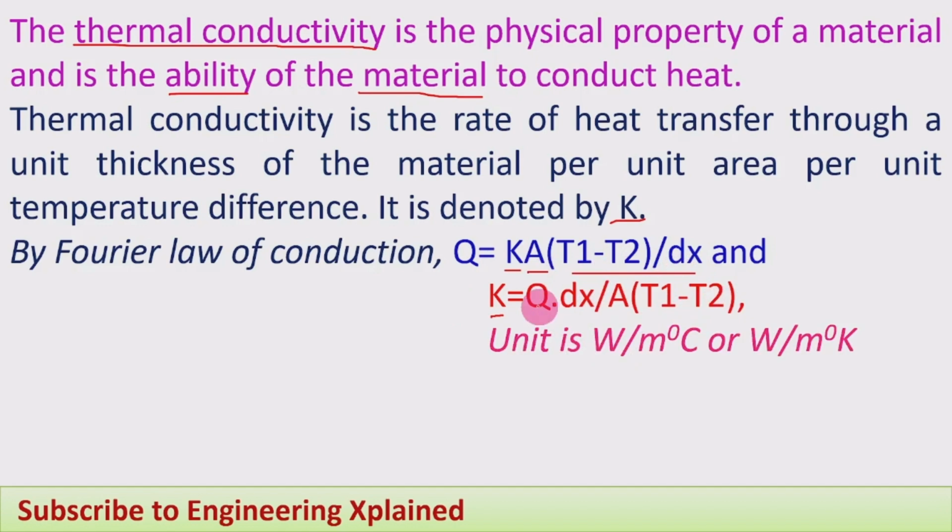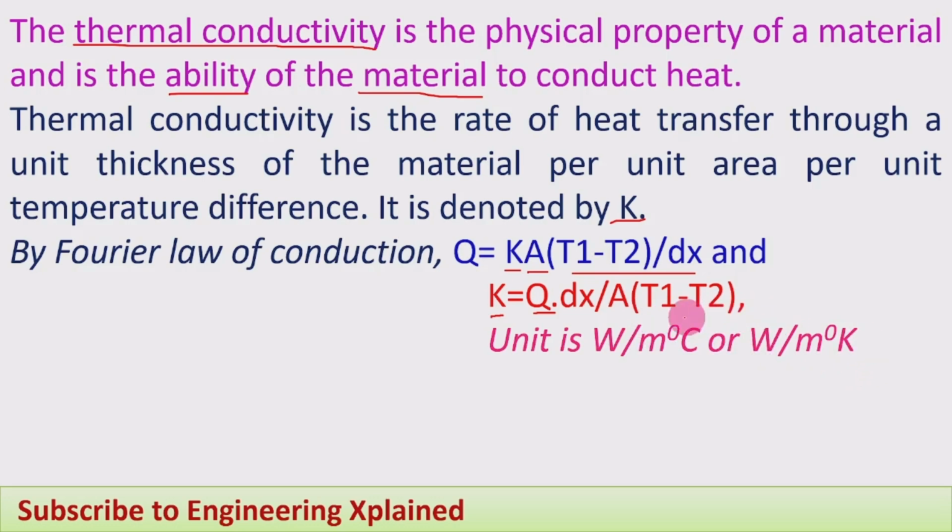Watt is the unit of the heat transfer, and dx is a meter, and area is meter square. Therefore, in the denominator one meter remains, and the temperature difference is degree Celsius, or we can say watt per meter degree Kelvin.